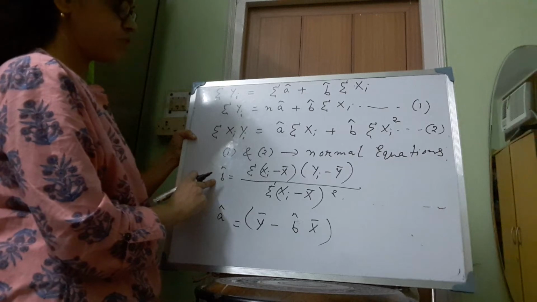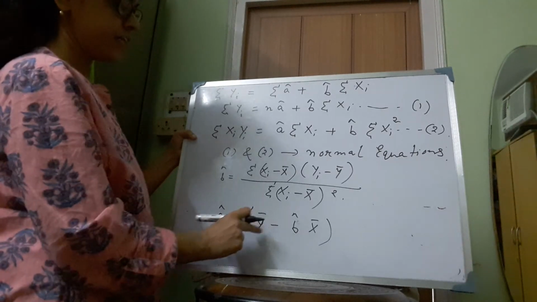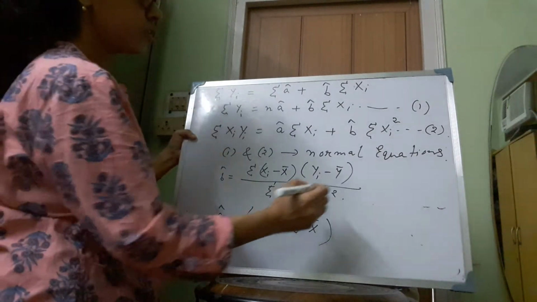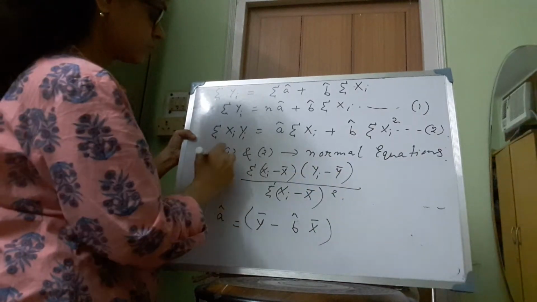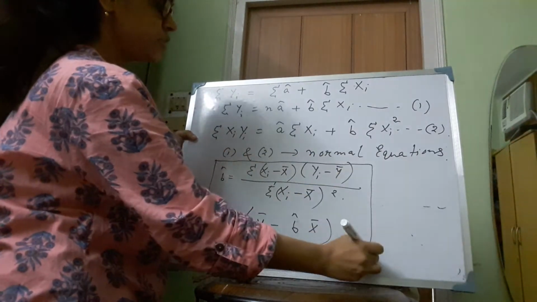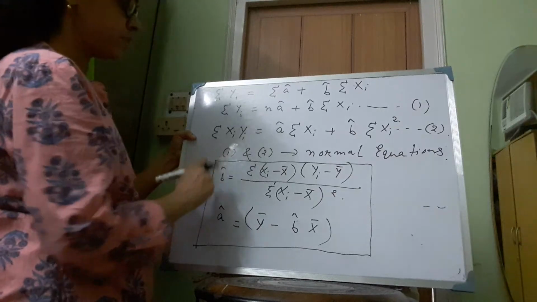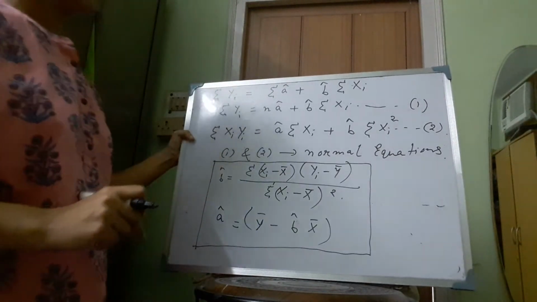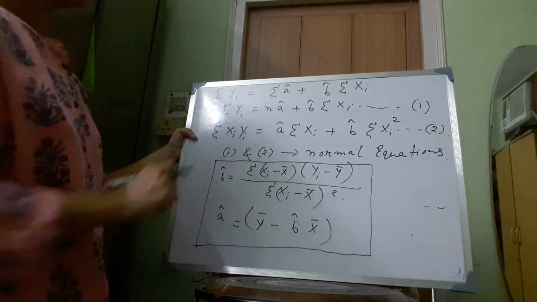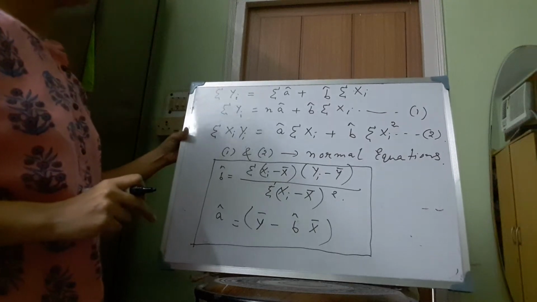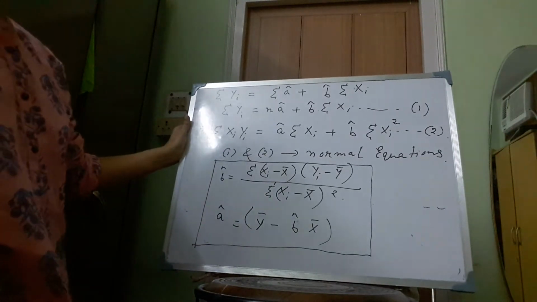So after getting the value of b hat, we can get the value of a hat by using this equation. So these two estimates of the regression parameters we can get from the least square method, from the ordinary least square method.